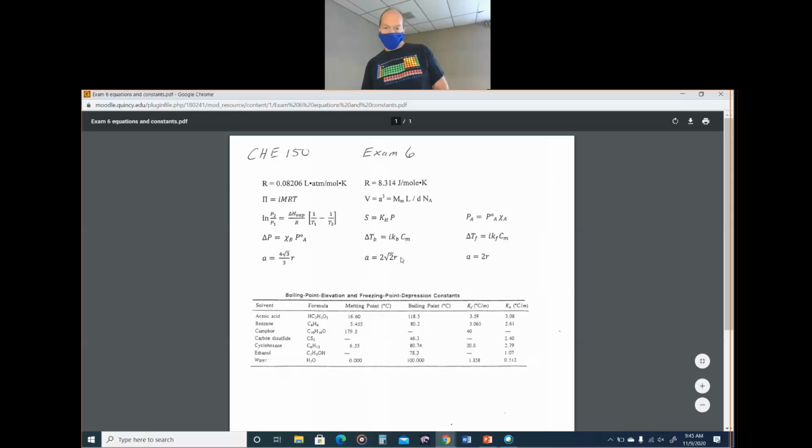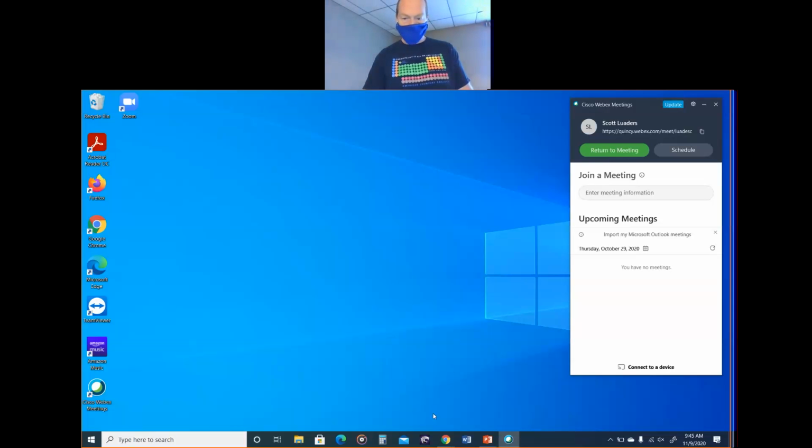This one is a little bit difficult. This is 2 square root of 2, and then R. The R is not under the square root. You have to be familiar enough with these to know that. All of that is going to be given on the test. You don't need to memorize any of it.